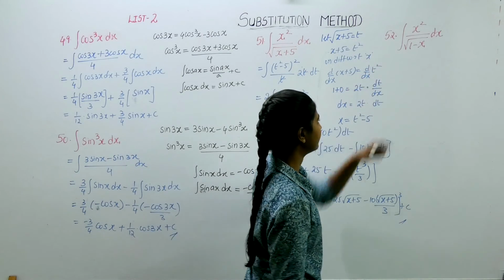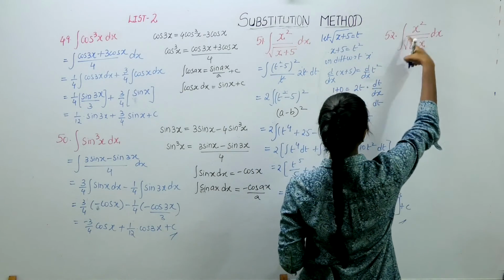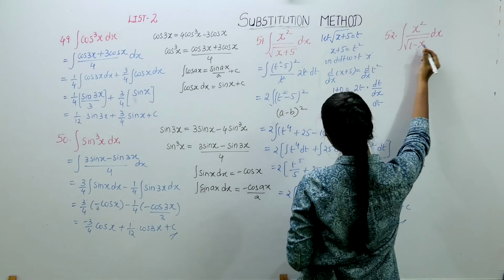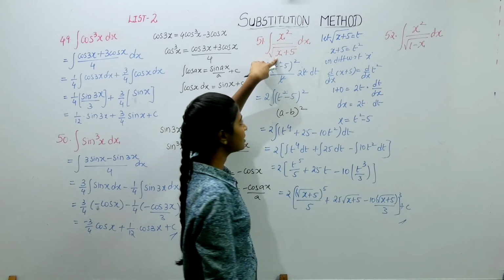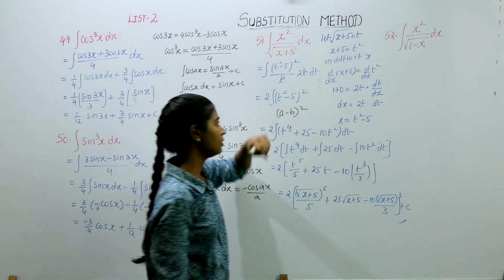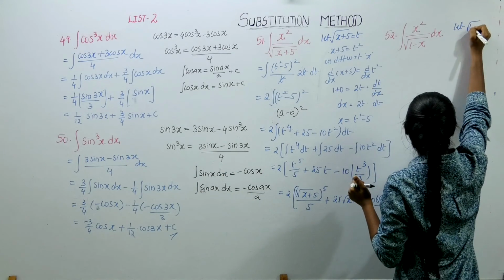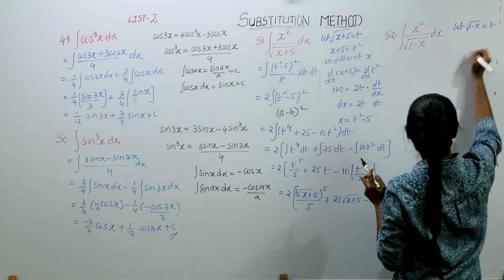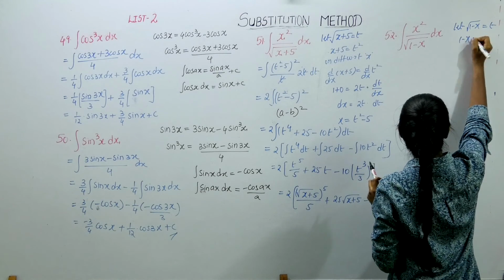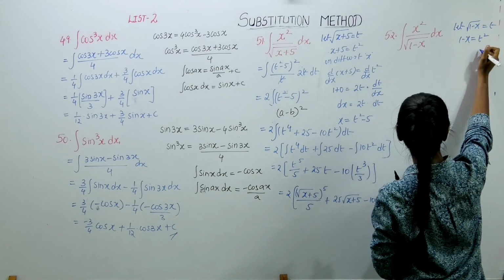Next, 52nd one. It is given as integral x square by square root of 1 minus x dx. This is the same as the 51st one. Therefore, let us assume square root of 1 minus x is equal to t. Then 1 minus x is equal to t square.